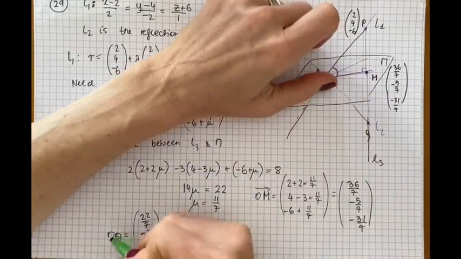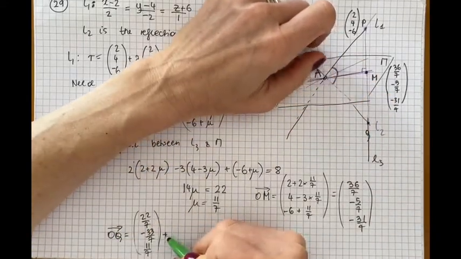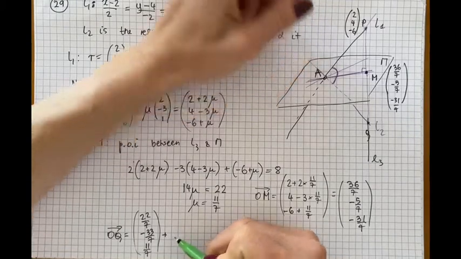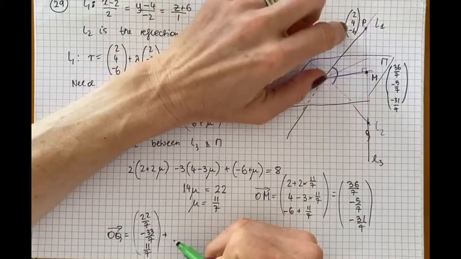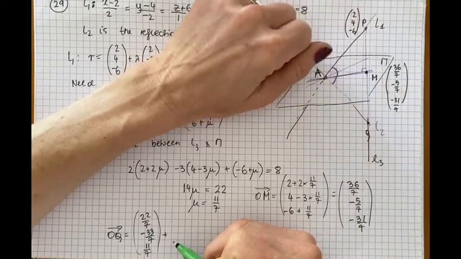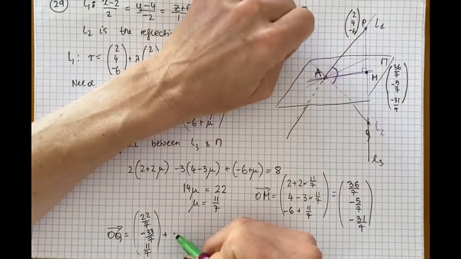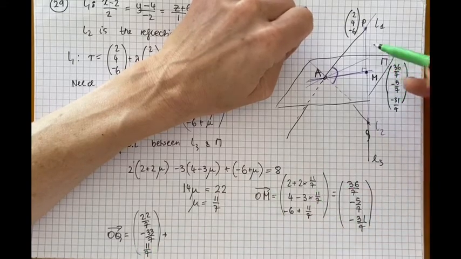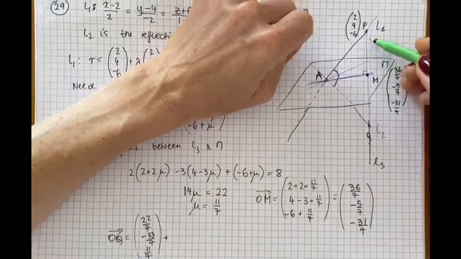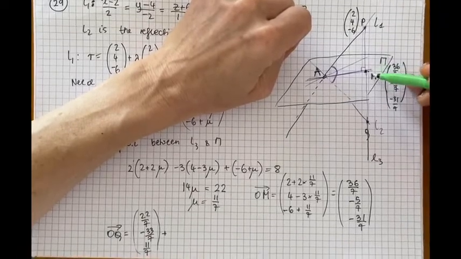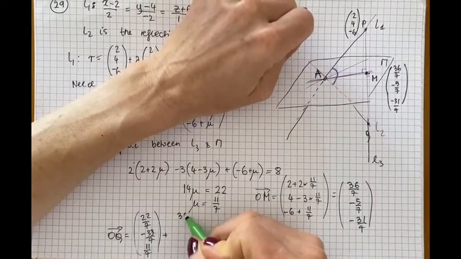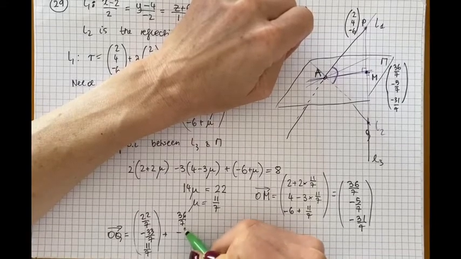That's fine. So we are going to add this vector to our point OM, or you can do 2 lots of this vector to add it to point P. But what did I say I was going to do? OQ, I was going to add this vector to the position vector of point M. Really, it's up to you how you do it.